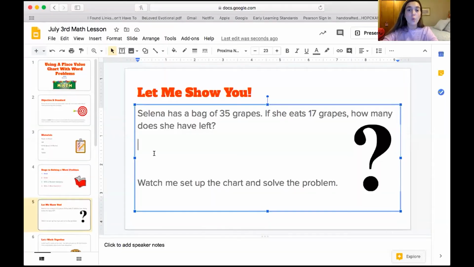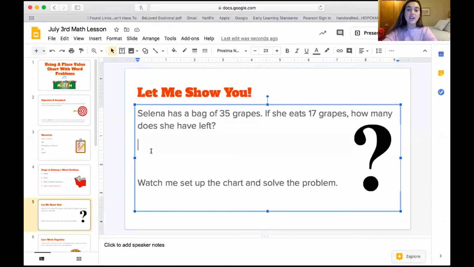But we are not finished, because what is the last step we have to do when writing out our word problems? It's to put it in word form. So I am going to share my screen so that you guys can see it, and we will write this out. We already wrote the number sentence, but now we are going to write out our answer in word form.